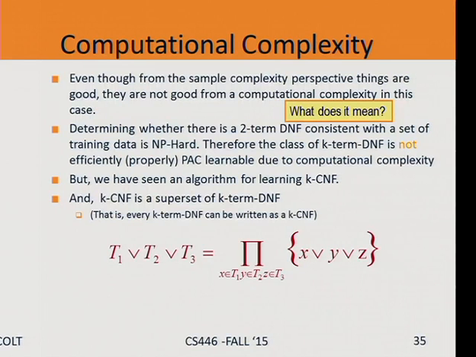Idea? What does it mean that two functions are the same? Simple question. Yeah? For every input, they have the same output.